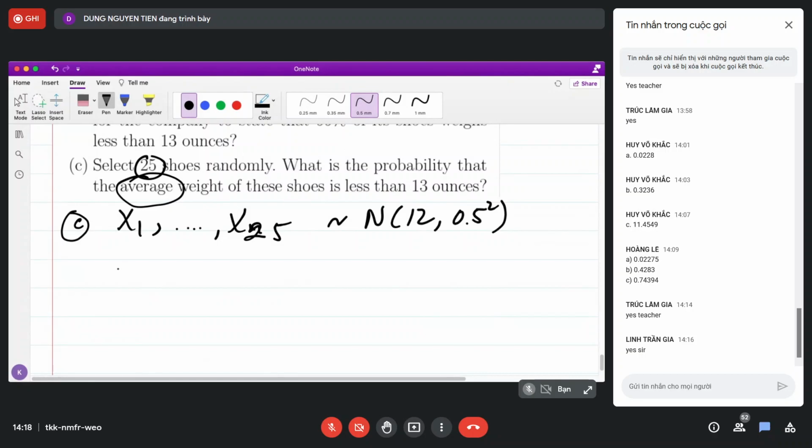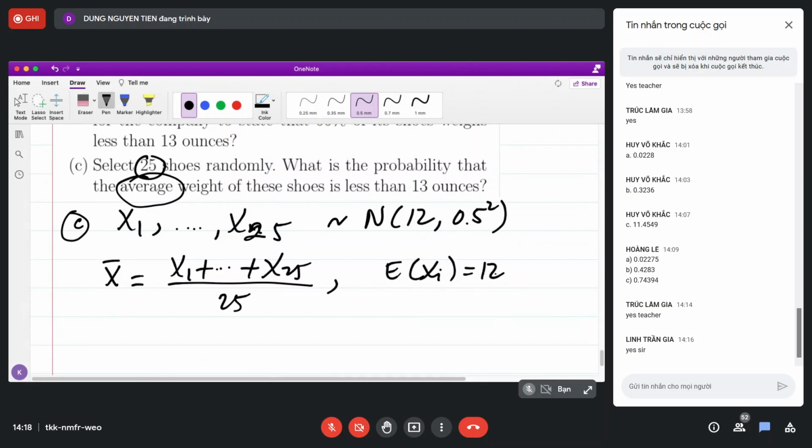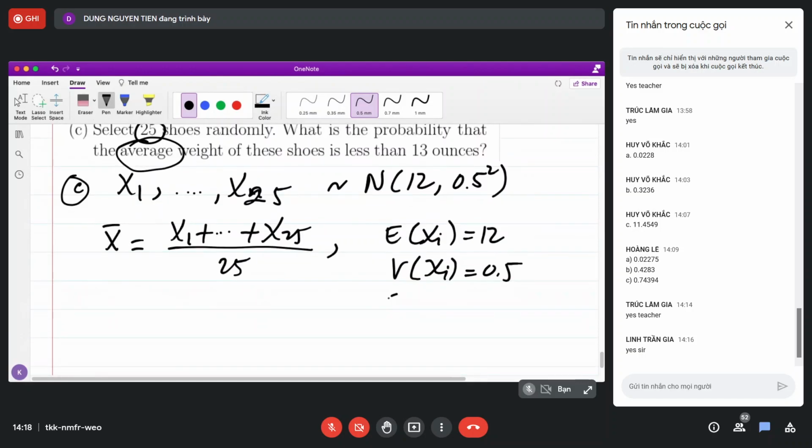So let's say X bar is (X1 plus ... plus X25) over 25. We knew that the mean of Xi is 12, the variance of Xi is 0.5 squared, and the standard deviation of Xi is 0.5.